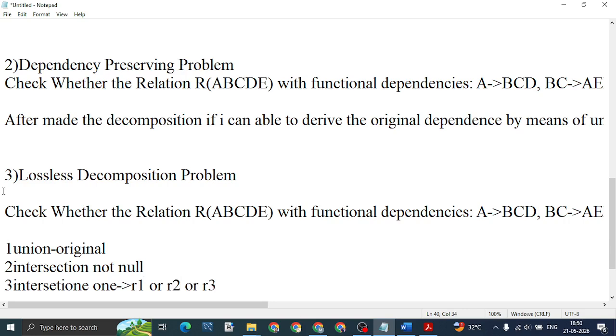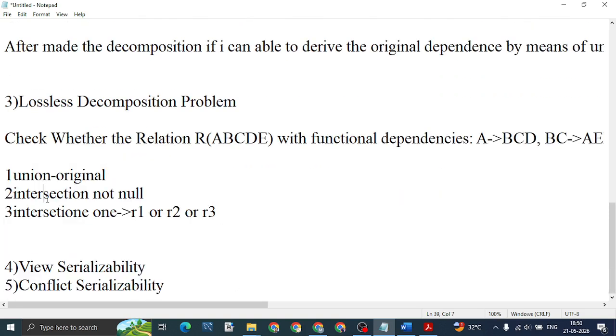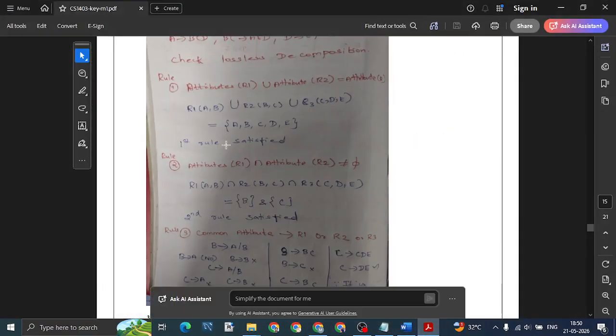Those are the three constraints of the lossless decomposition problem, right? So the union of all the decompositions should produce the original one, the intersection made by all the relations should not be null, and the intersection one must produce one of the relations. That is the constraint. So let us look at the problem.